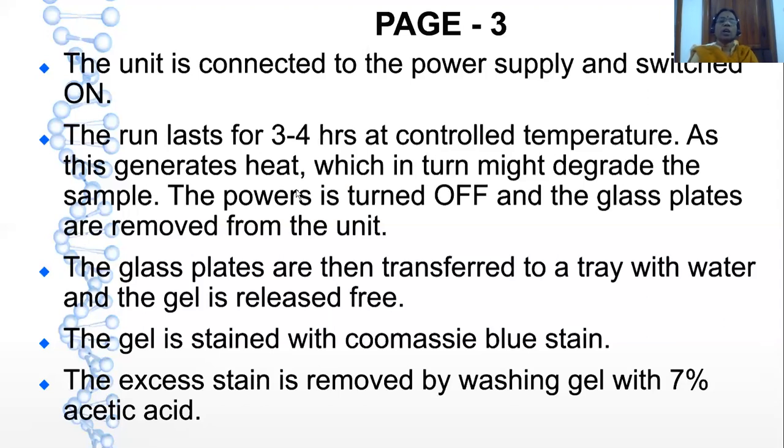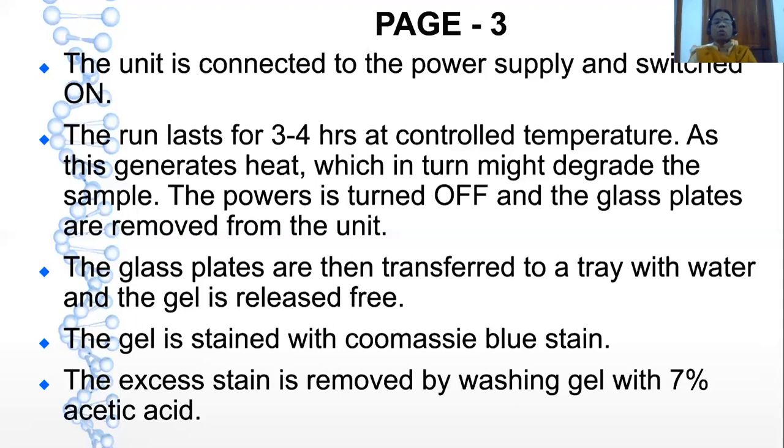After 3 to 4 hours, the sample has moved to three-fourths of the distance of the gel. Then the power is turned off and the glass plates are removed from the unit. These glass plates are then transferred to a tray with water, distilled water preferably, and the gel is released free of the glass plates.